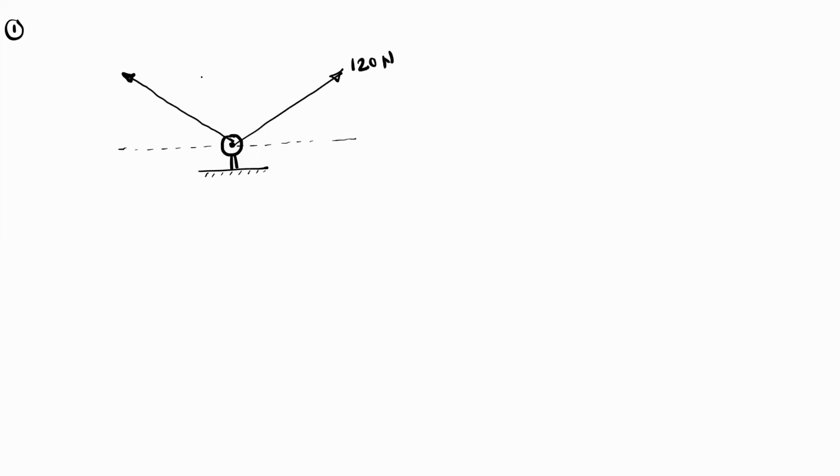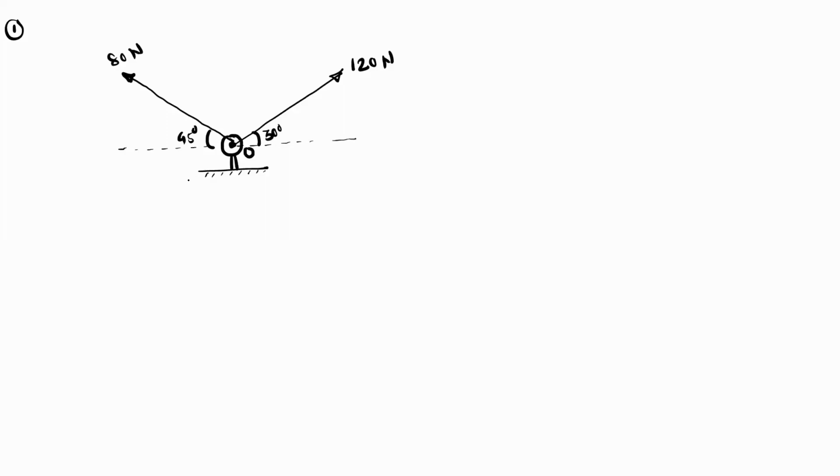One is 180 Newton and second is 80 Newton. Sorry, first is 120 Newton and second is 80 Newton. The angle of 120 Newton with respect to horizontal is 30 degree. Angle of 80 Newton is 45 degree. And these two forces are acting at a point. So take this point as O.